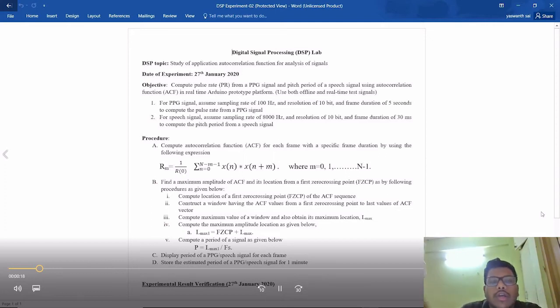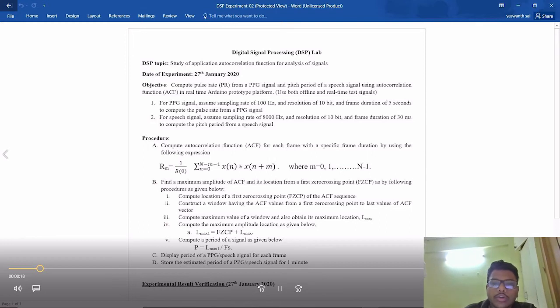In this window we compute the maximum value and also obtain the maximum value location, that is L max. Then we take the first zero point location plus L max and divide it by the sample frequency, and this will be the pitch period of the PPG signal. By inverting the pitch period, we can find the pitch frequency.